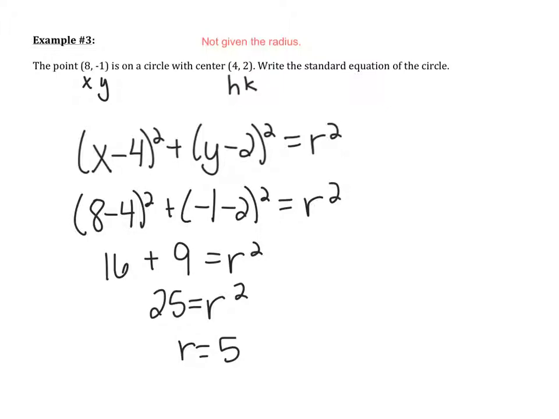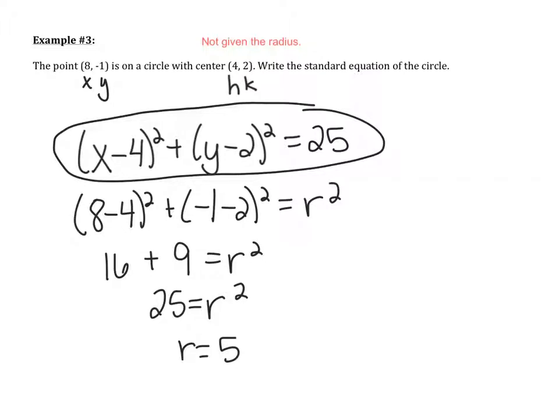So to go back up to our problem, we would replace the r squared here with what r squared is equal to when we found it using the (8, -1). So r squared is 25. So my final answer of an equation that goes through (8, -1) and has a center at (4, 2) is (x - 4) squared plus (y - 2) squared equals 25.